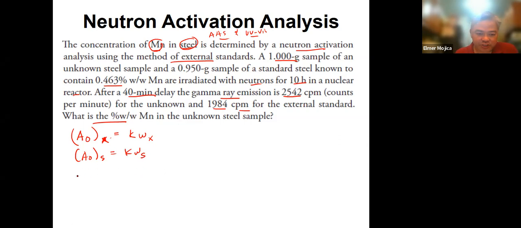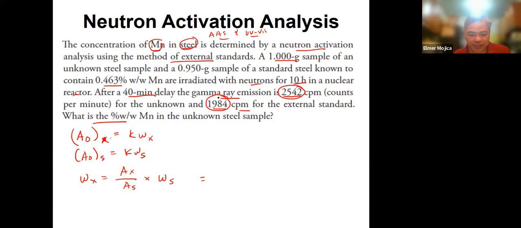And when you combine them, what do you get? WX equals A of X over A of S times WS. So X is the unknown that you have. S is the standard, the external standard that you have. So all you need to do is place the information that you have there.